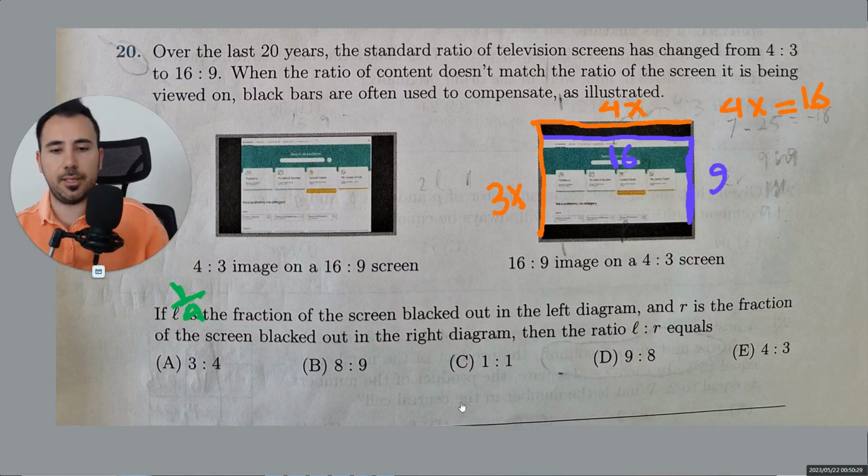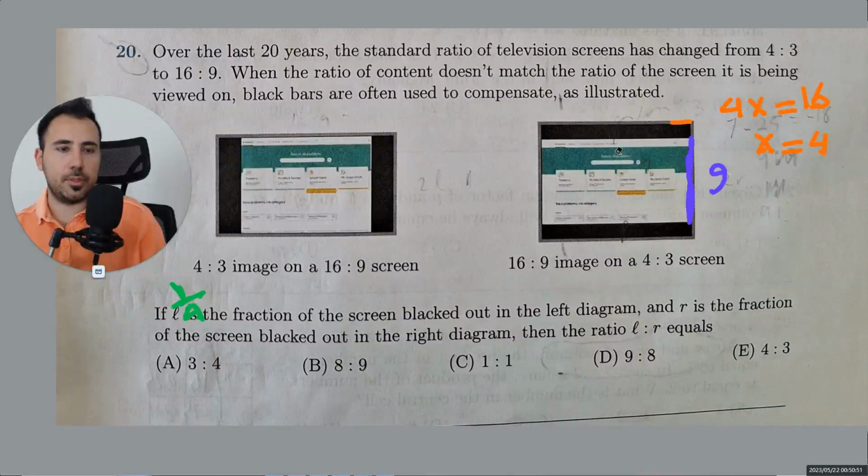Yeah, I'm tired, aren't I? Okay, so if x is 4, then we have the size of this side. 3x, 3 times 4 is 12. So this side will be 12. Now if this is 9, we had this 16.